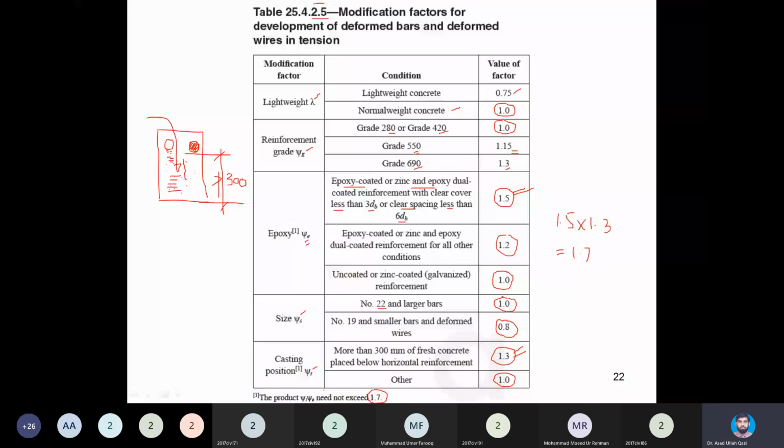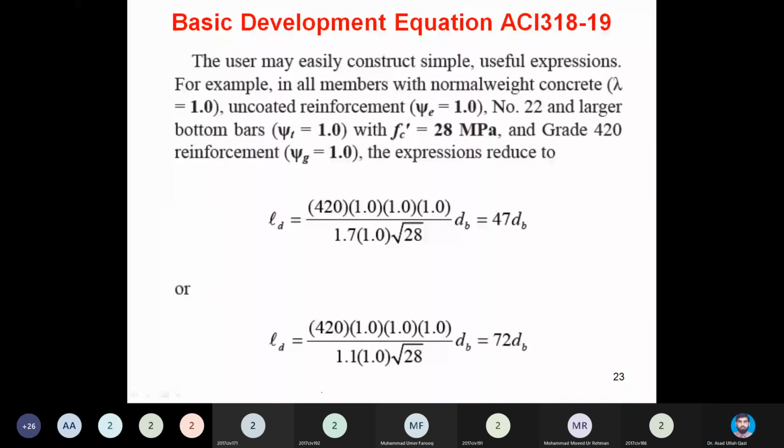So 70% enhancement is quite safe rather than going higher than 1.7. Reduce it to 1.7. So in this way, now I can apply these sets of equations to an example problem.